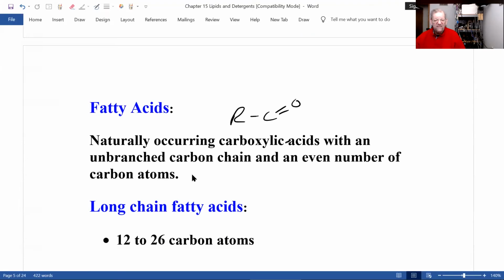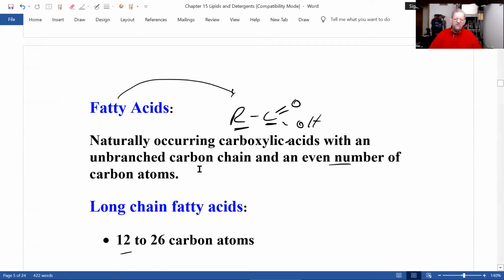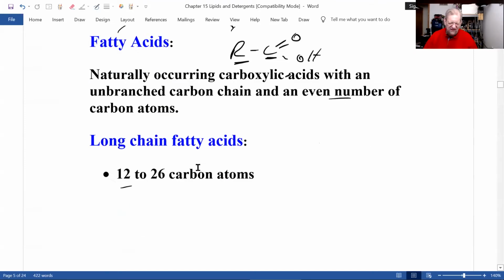So here we have a fatty acid, which is short for fatty carboxylic acid. Organic chemists are lazy. We just dropped the carboxylic acid. And this carbon plus these are always an even number. Generally it's from 12 to 26, more likely 12 through 18.